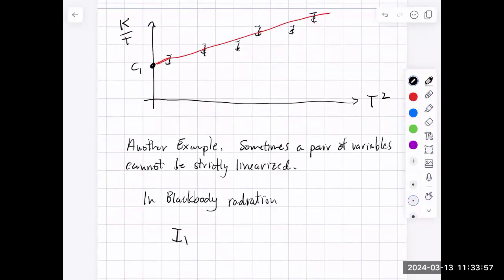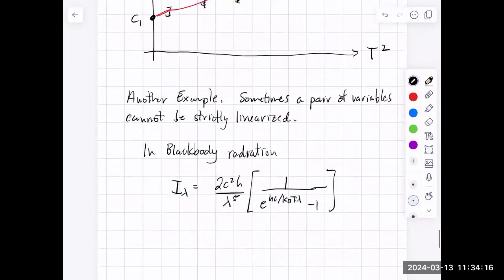So the intensity is a bunch of constants times this thing, 1 over e to the hc over kB T lambda minus 1. And so obviously we're going to measure I lambda versus T, which is not linear.